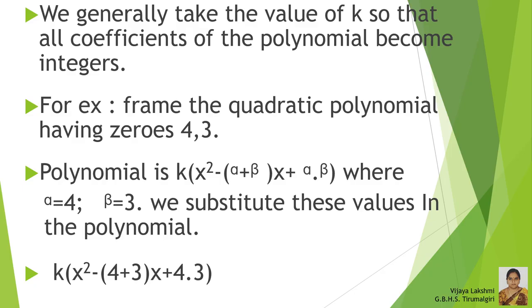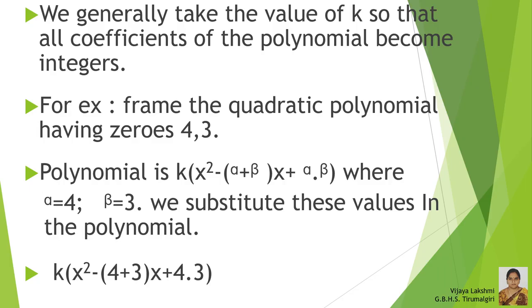For example, frame the quadratic polynomial having zeros 4, 3. Here zeros are given, that is alpha is equal to 4, beta is equal to 3, and we are going to find the quadratic polynomial. So the polynomial is given by k into x square minus (alpha plus beta) into x plus alpha beta, where alpha is 4 and beta is 3.